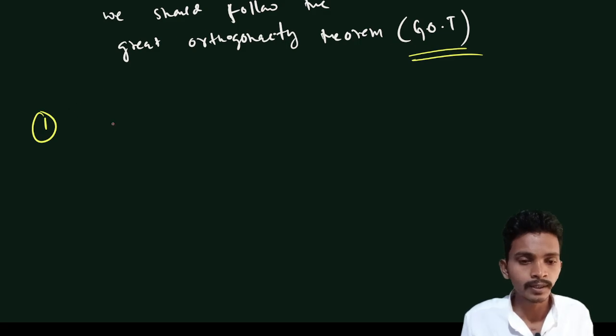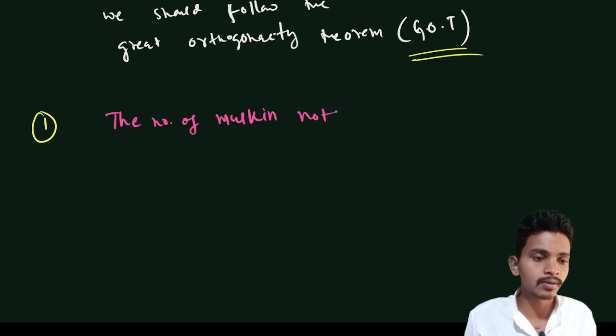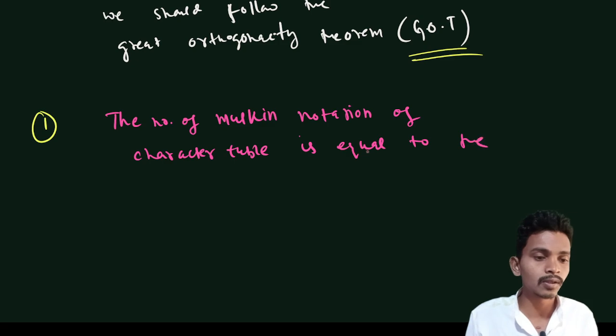But the postulate says that the number of Mulliken notations of character tables is equal to the number of classes of the point group.